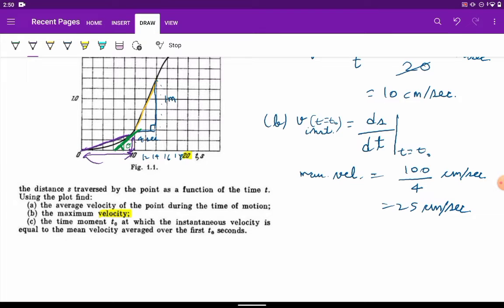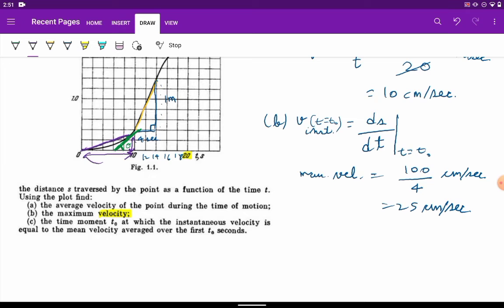To recap, instantaneous velocity is the slope at a given point, and average velocity is the slope of the line that joins that point and the origin. So when would these two be equal? Only when the tangent at a point of the curve passes through the origin. Only then both of them will be equal.